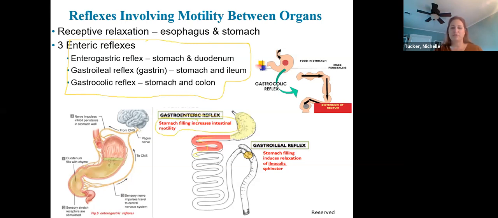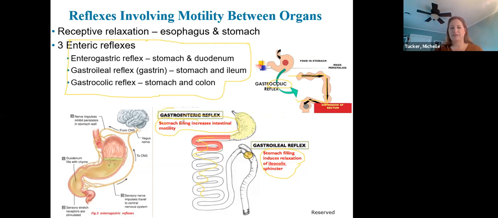So food starts to move faster through the small intestine. Gastroileal is the relaxation of that ileocecal sphincter. Gastrocolic means that as the stomach becomes more active, it speeds up movement along the colon. So they will somewhat match the functions.